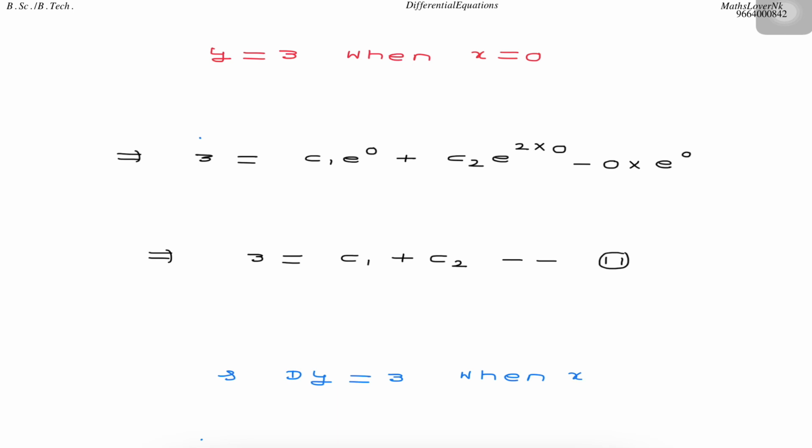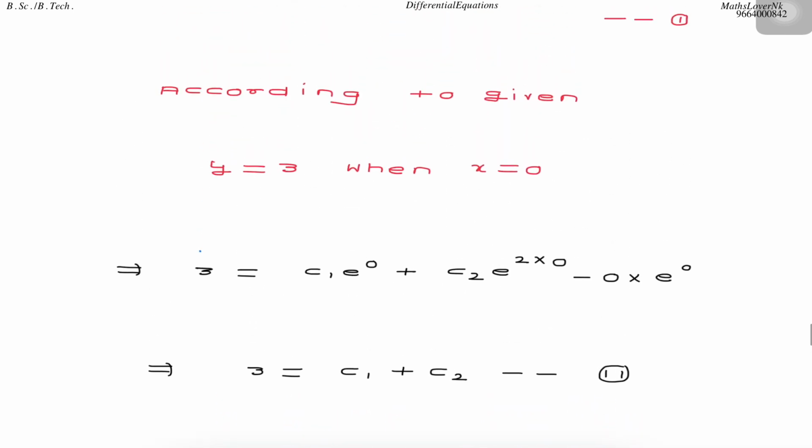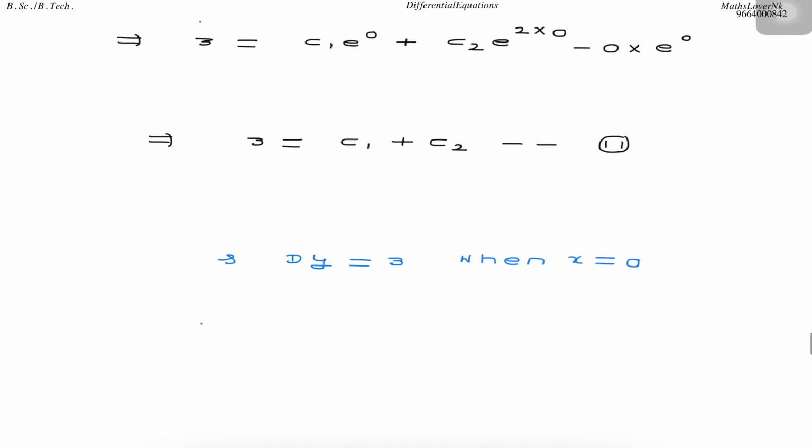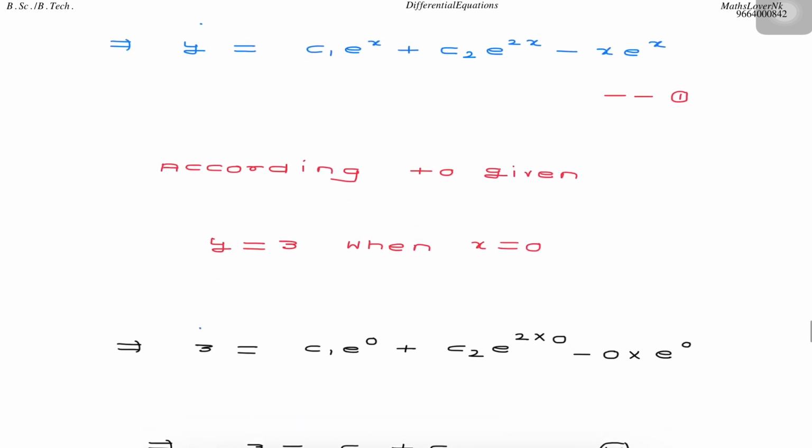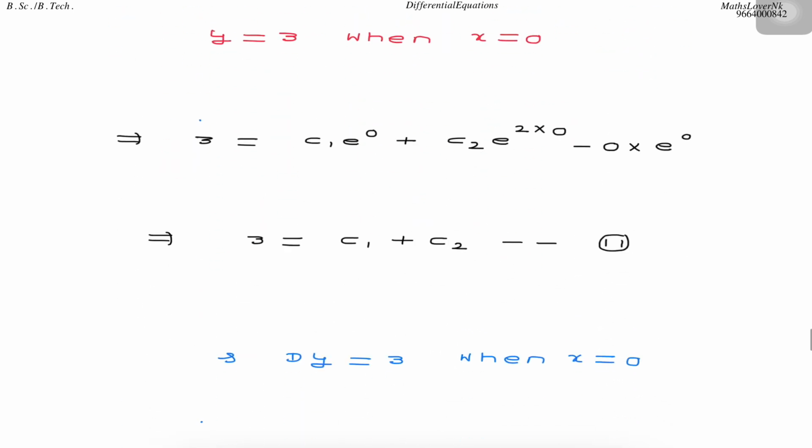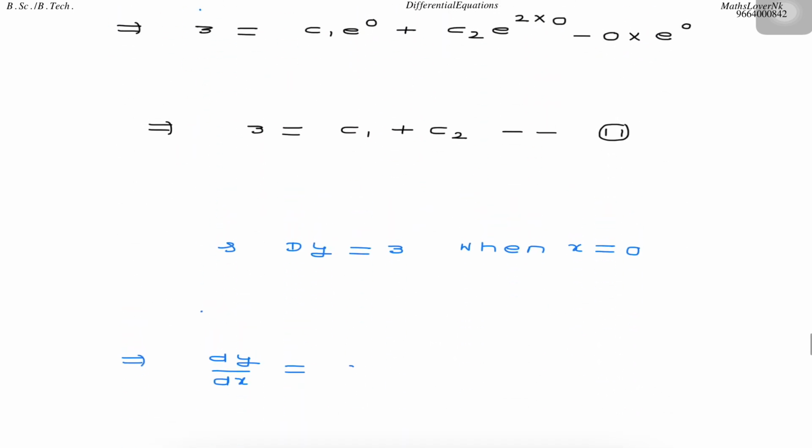Carry out the differentiation of equation 1. We get dy by dx is equal to, the differentiation of e the power x is always e the power x and the constant C1 is 0. So C1 e the power x.